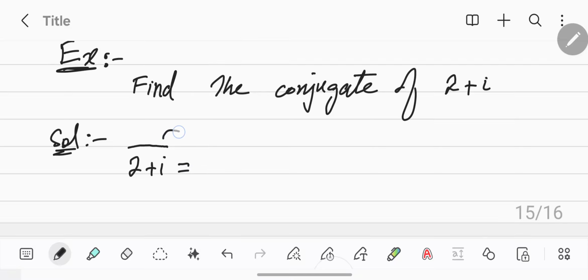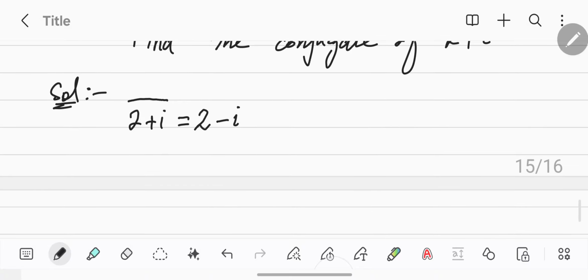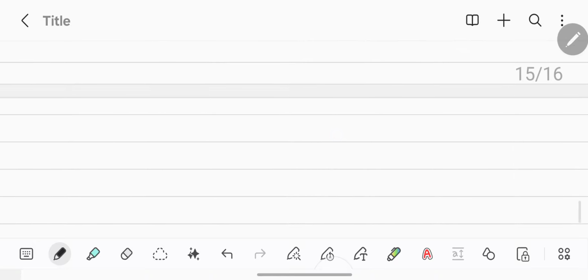If I apply this conjugate to this number, the real part remains the same, but the imaginary part, which is 1, will turn into minus 1. So I will write minus iota. So this is the answer. Always when we take the conjugate, we write the real part as it is, and we change the sign of the imaginary part.